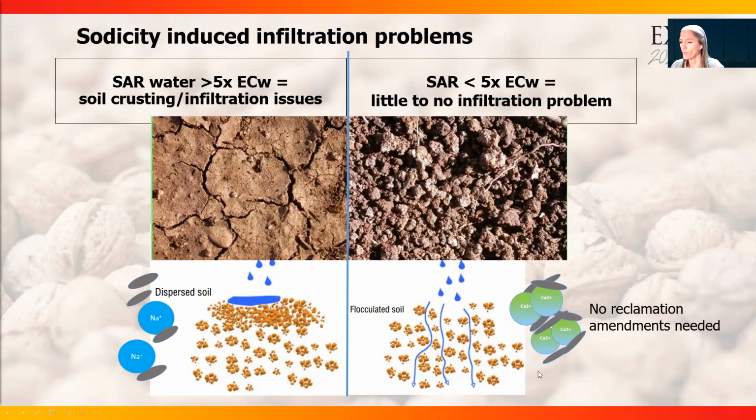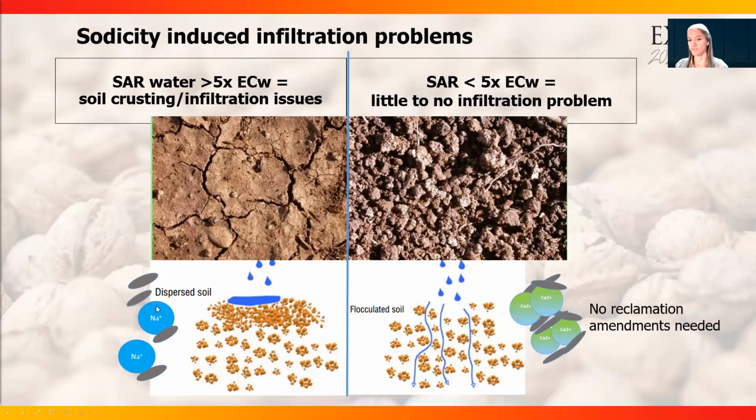When we have a more balanced composition of ions in the soil, where we have a lot of calcium and magnesium in addition to the sodium, the calcium has a double charge, which more strongly holds soil particles together. I did not mention that the sodium only has a single charge.